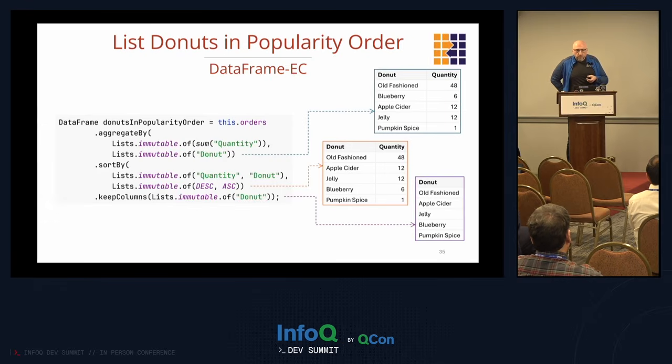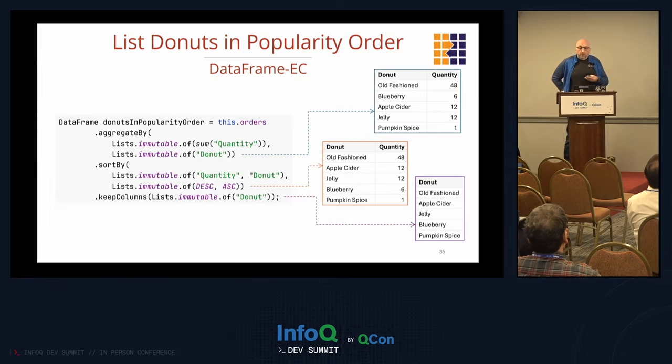So listing donuts in popularity order, we're not going to spend much time on that because it's very similar to the aggregation and grouping we saw with the 1 billion row challenge. The only difference here is that we sort by quantity.